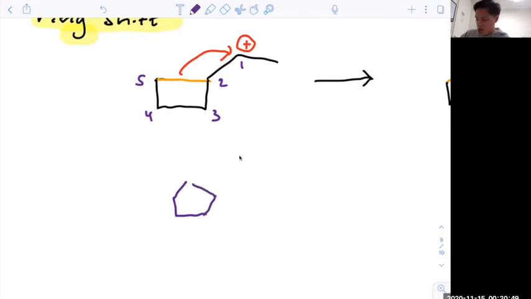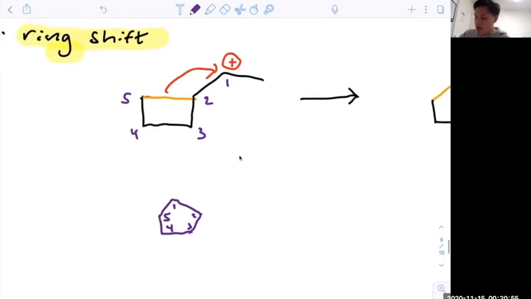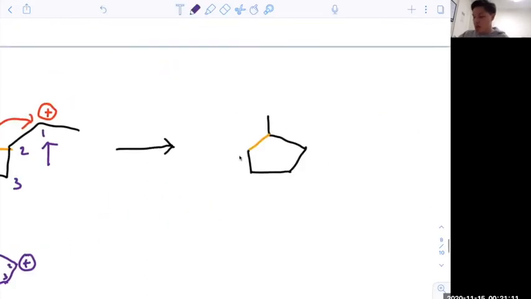And we number it 1, 2, 3, 4, 5. At the 1, there's a methyl sticking out. Where did the positive charge go? This bond from 5 to 2 went up to 5 to 1. So then the 2 now has the positive charge, which is going to be denoted here, right?